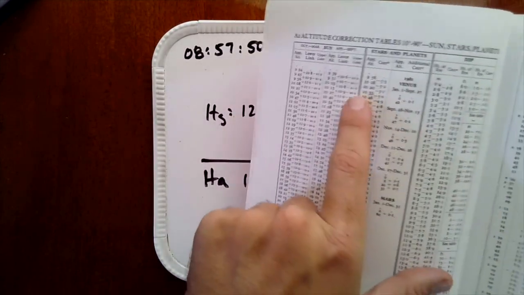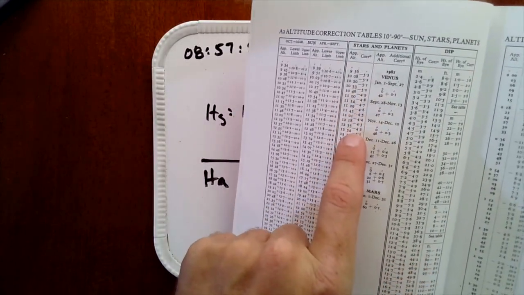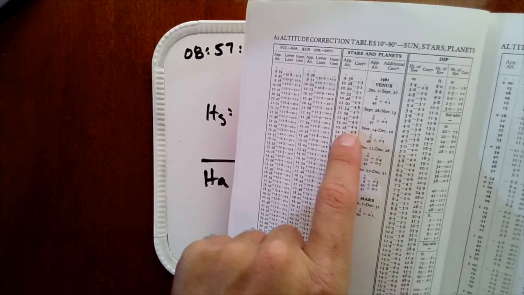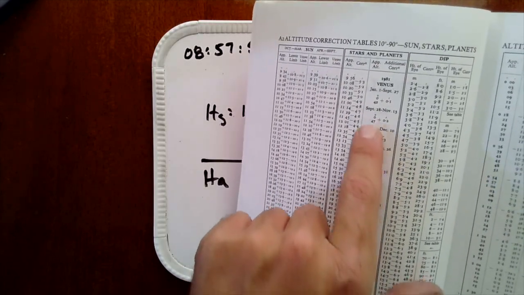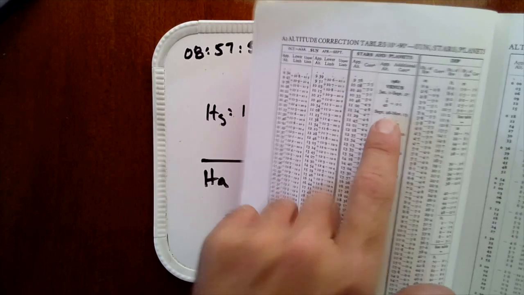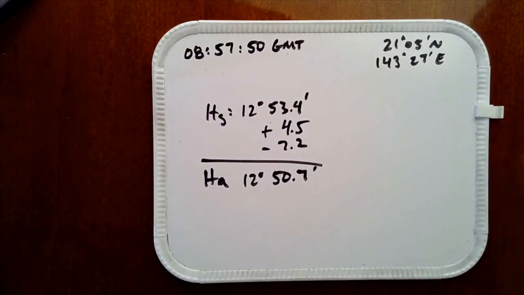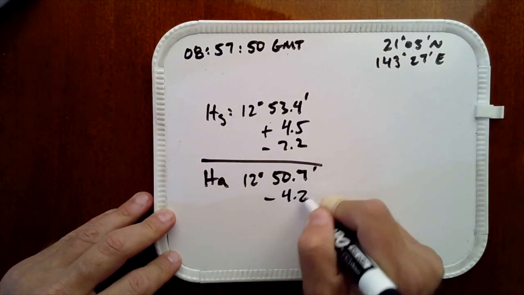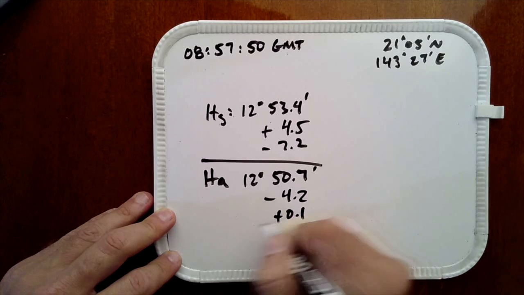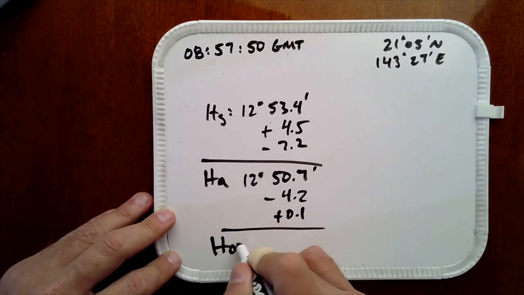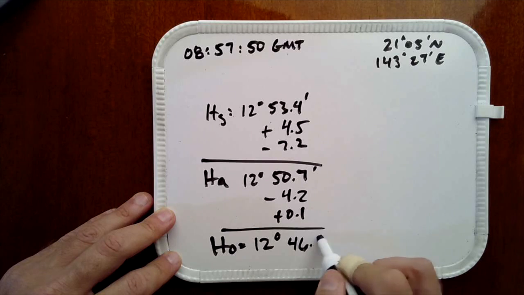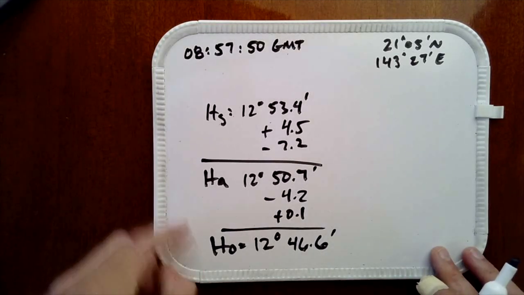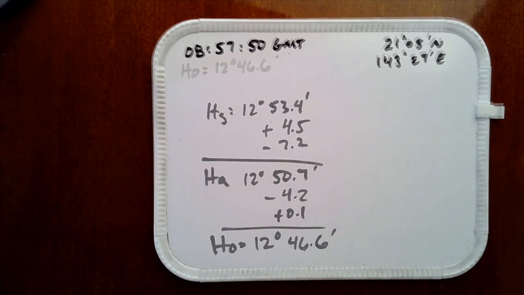For the apparent altitude, it looks like our correction is going to be negative 4.2, and our Venus correction for the season that we're in, May, is going to be a plus 0.1. So minus 4.2 plus 0.1 gets us our HO, height observed, 12 degrees 46.6. All right, so step 1 complete, HS to HO.